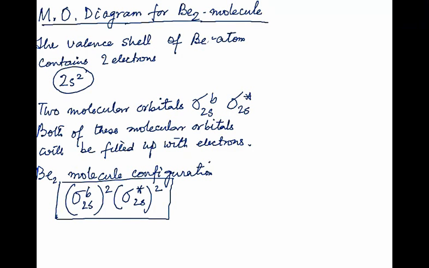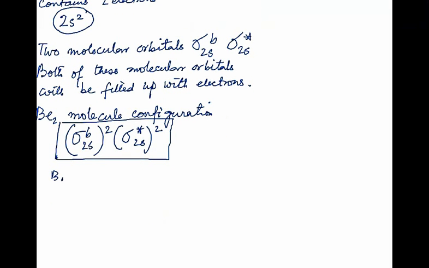Hence the bond order for this Be2 molecule is equal to 0, because there are also 2 electrons in the antibonding orbital, and we can see that the Be2 molecule does not exist.